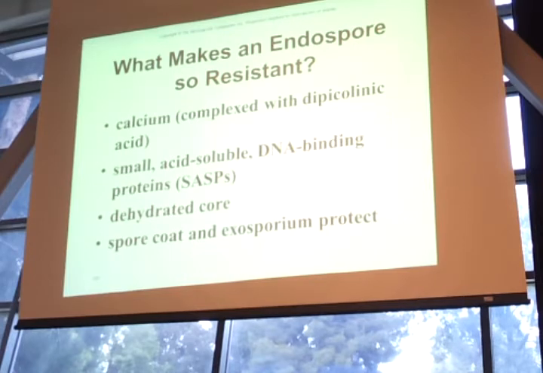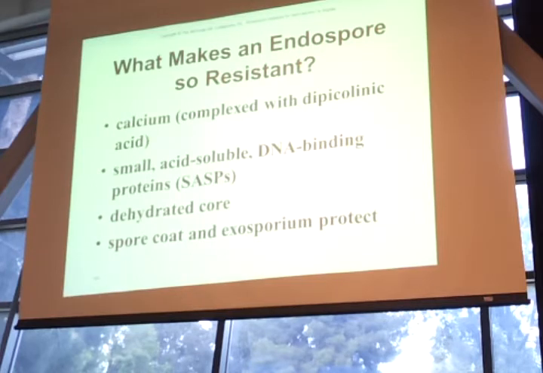Why is the spore so resistant? This also is controversial because there are other structures associated with bacteria that are also very resistant that don't have some of these same components. So obviously the fact that there's a thick coat is going to be something that makes it seem obvious, oh yes, that's going to make it a little bit resistant.